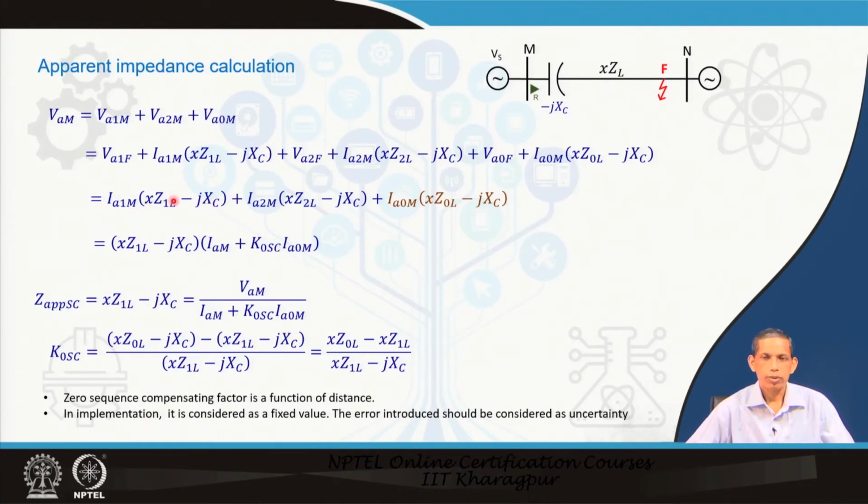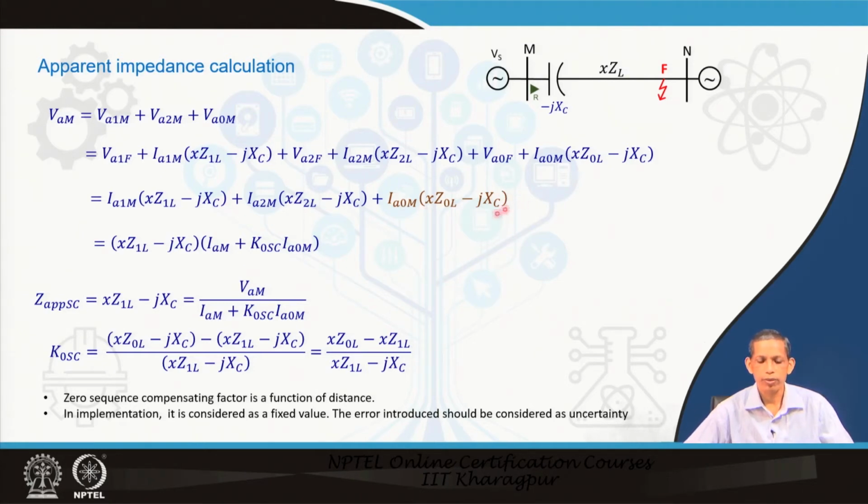Now, similar to what we did for the phase to ground fault case, for phase A to ground fault it will be done like this. This is the positive sequence, this is the negative sequence, and then the zero sequence. For positive and negative sequence the line impedances are the same, and the zero sequence part we have segregated.